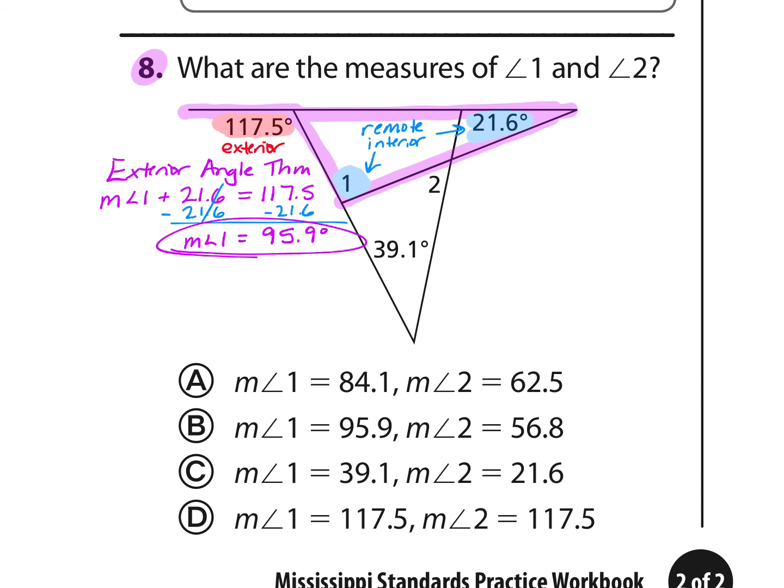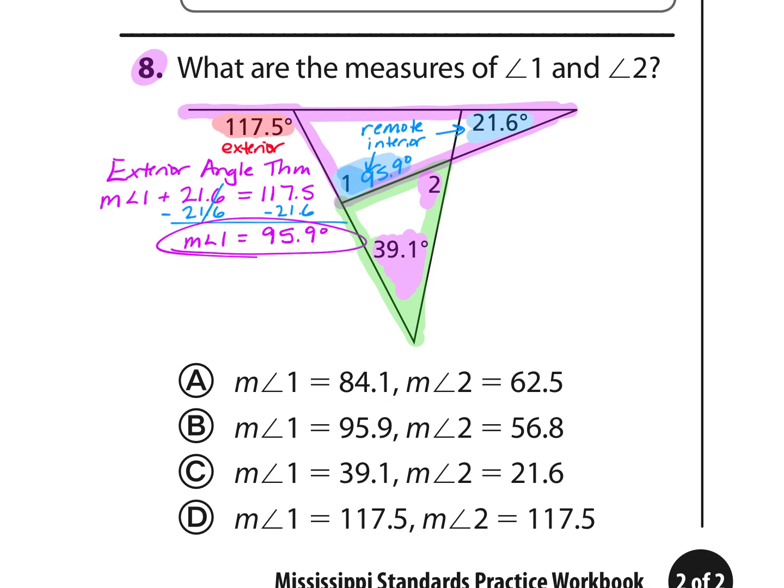And so now I'm going to plug that in right here for angle 1, 95.9 degrees. Now I'm going to look at this other diagram and notice I have this interior angle here, 39.1 degrees. It's part of this triangle. This angle and this angle are remote interior angles to this 95.9 that's exterior.